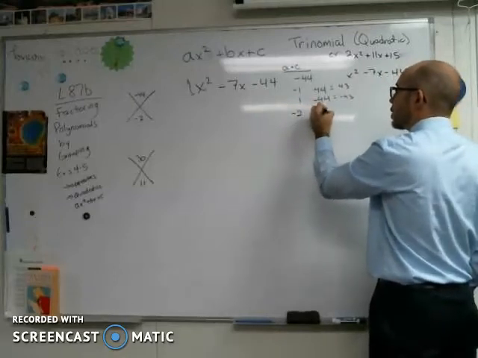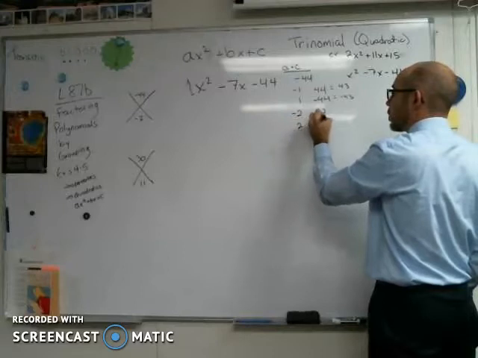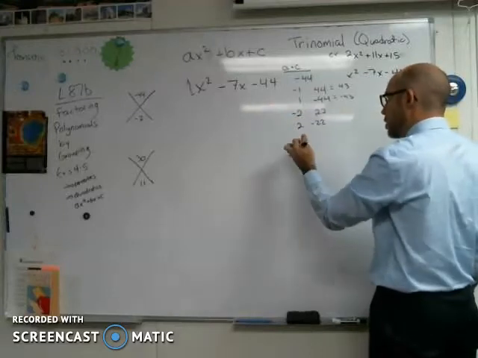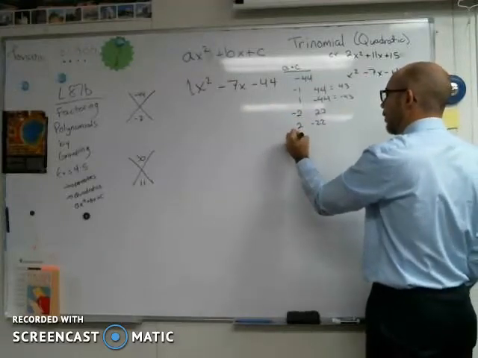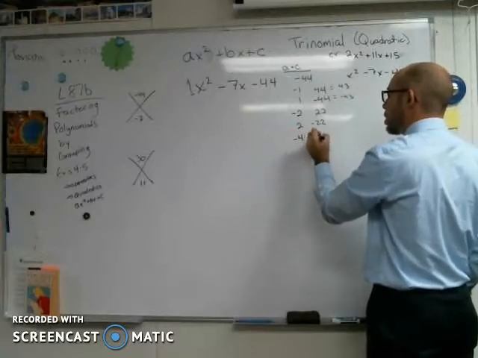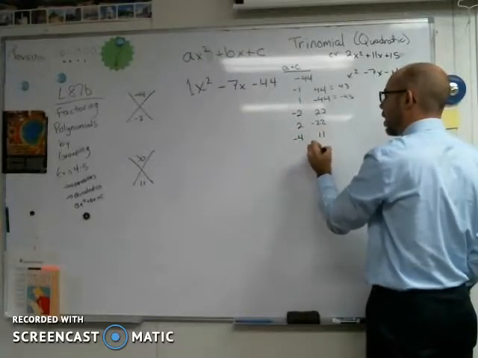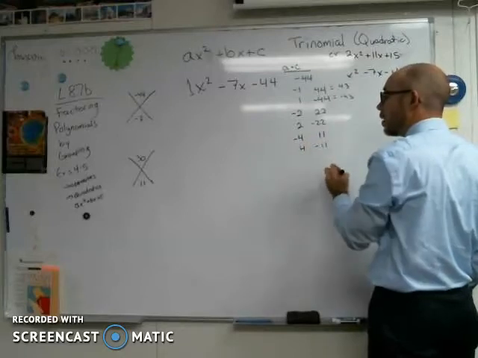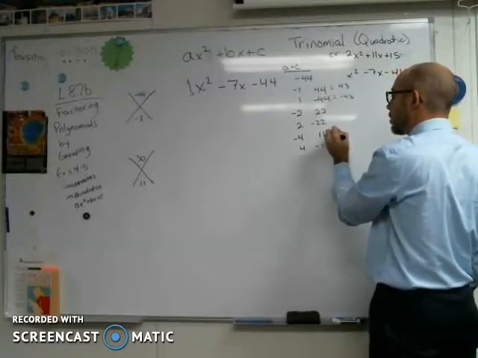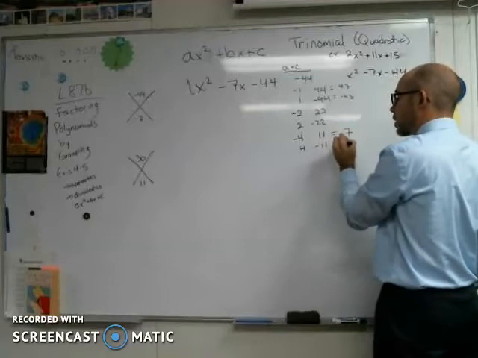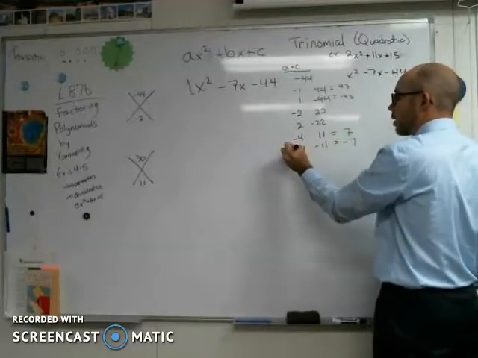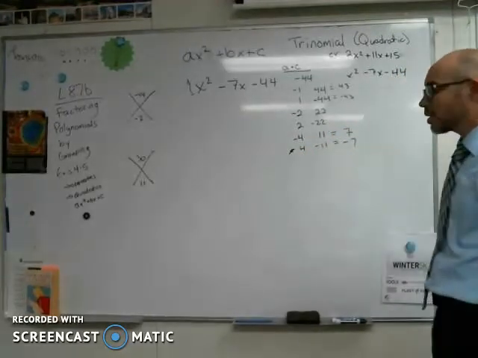Negative 2 and 22, or 2 and negative 22, do not equal negative 7. So I'm going to keep going. Negative 4 and 11, or 4 and negative 11. This one sums to 7, and this one sums to negative 7. And so therefore, that's the one that I need.